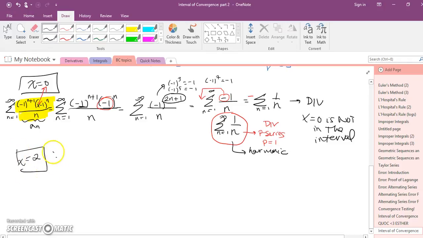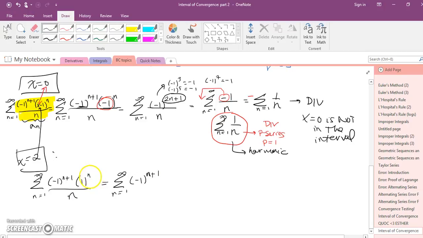So do this one with me here now. I'm going to do the sum, n equals 1 to infinity, negative 1 to the n plus 1. This time, instead of plugging in 0, I'm going to plug 2 in for x. 2 minus 1 is 1, all over n. So now I have the sum, negative 1 to the n plus 1.